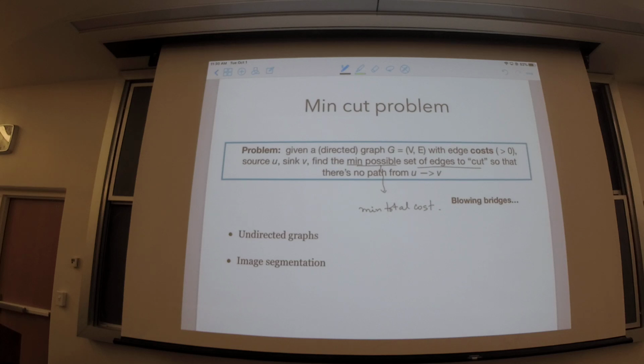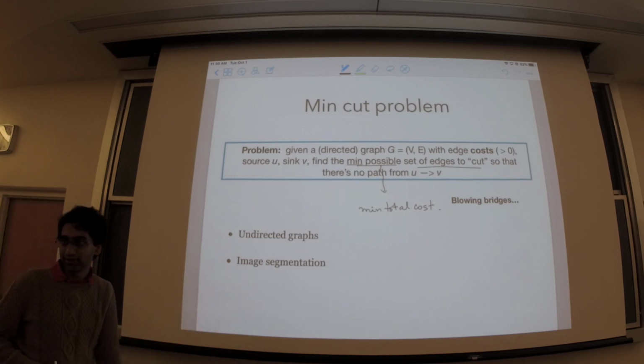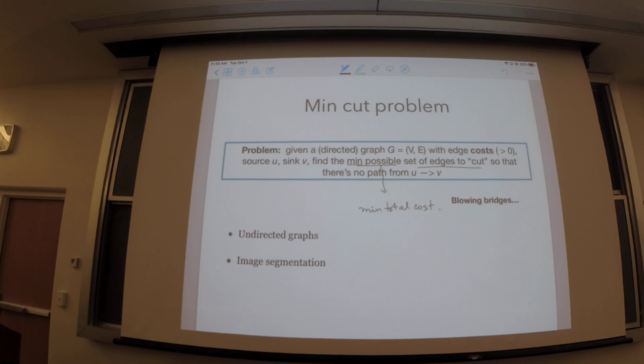Of course people nowadays use it for lots of much nicer applications like image segmentation and so on. So this problem is very useful in lots of settings. But the problem is just this very simple one, that you are given this directed graph U to V, and if I had some graph that looked like this, and let's suppose all edge weights are 1.